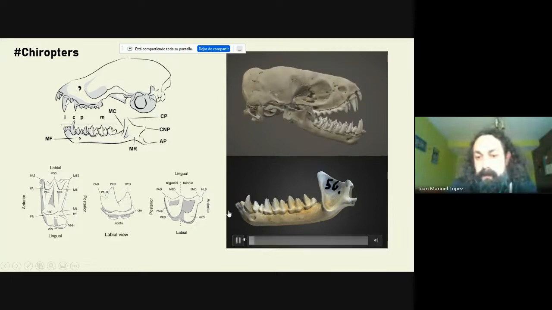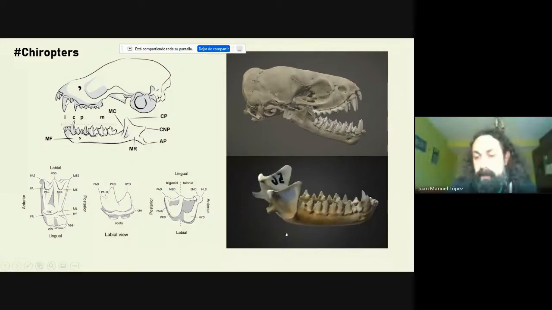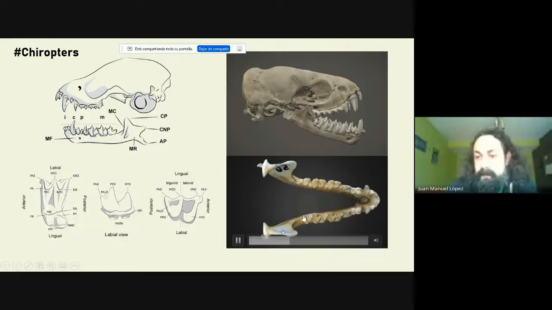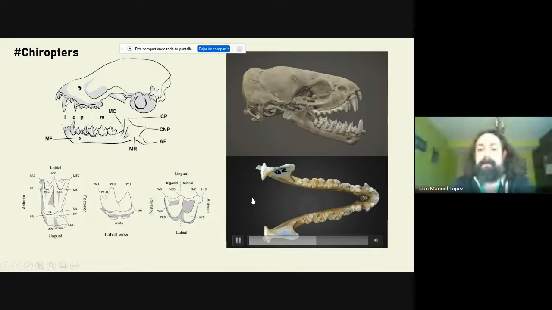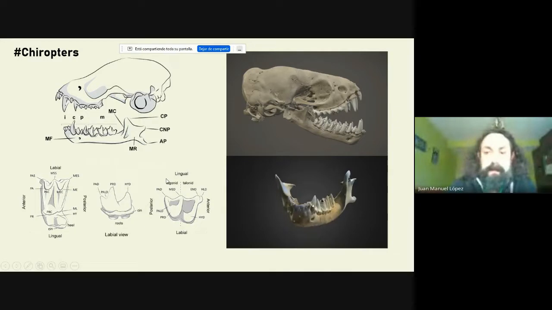And here is the mandible of a Myotis, with the molars, premolars, canine, and incisors. It depends on the species; they have more or fewer premolars.